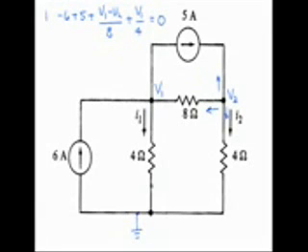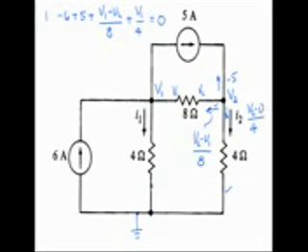and we have 3, and I'll start again on the current right here. V2 on this side of the resistor, V1 on the other side, so this current is V2 minus V1 over 8. Coming up top, 5 amps is pointing in the opposite direction, so that's minus 5. And then on the bottom current we have V2 on one side of the resistor. This side is 0.